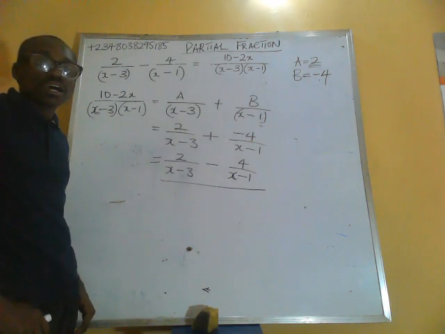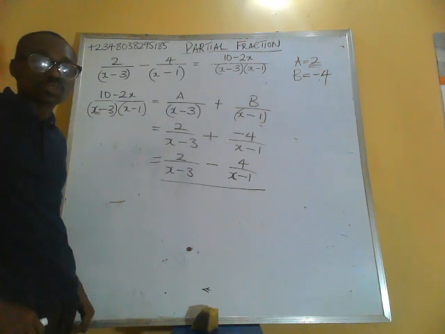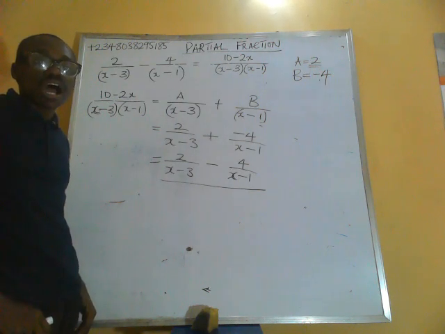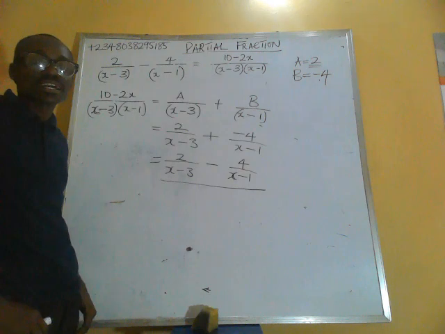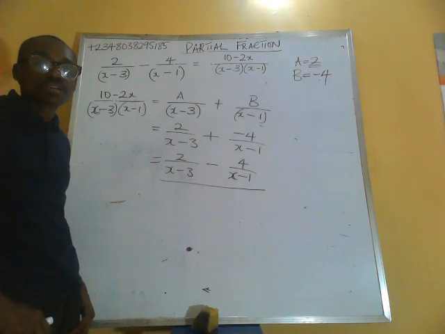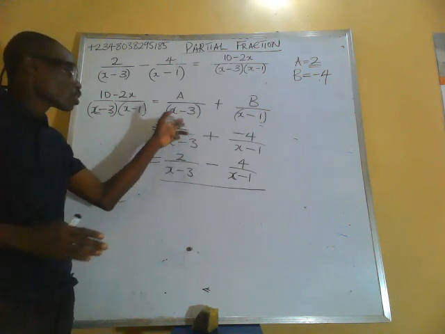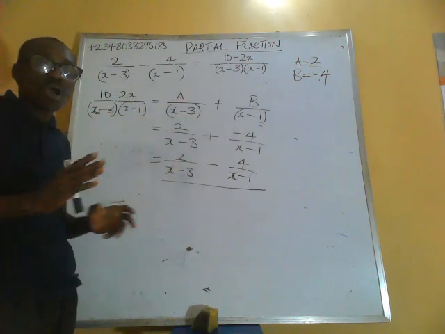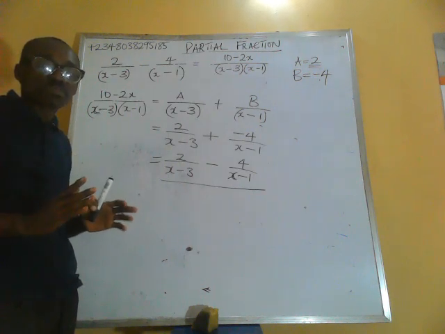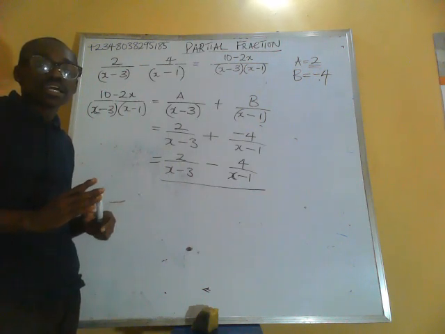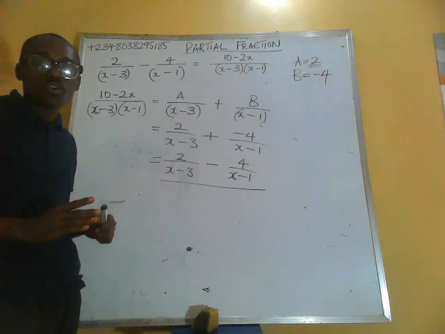So I'm going to give you an example to try, and I'll also solve that example in our next lesson. I want you to lay your hands on it, and also when we are looking for those coefficients in the next lesson, I will show you a new approach which you can actually use to obtain those coefficients.